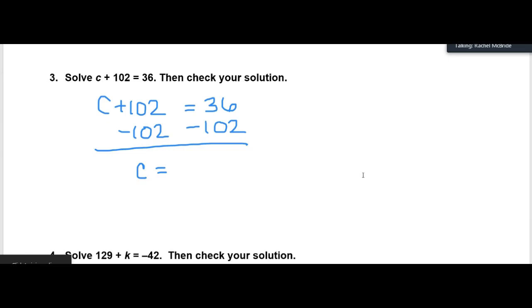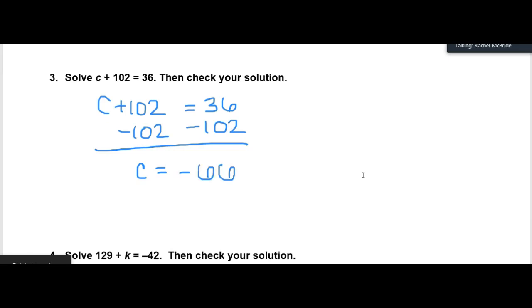So again, make sure when we type it on our calculators, you type 36 first, minus, then you type your 102. What'd you get this time, Madison? Negative 66. Good.